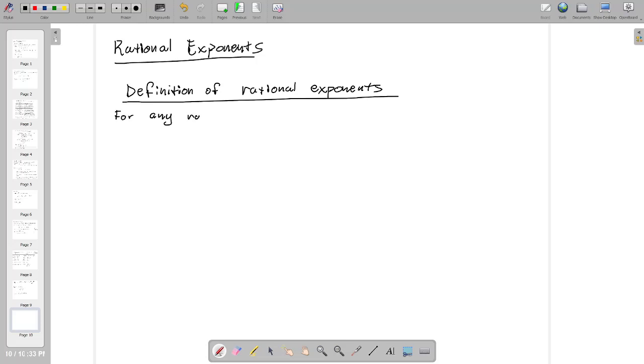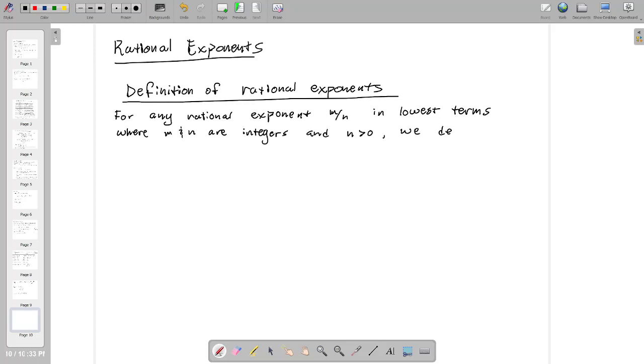For any rational exponent m over n in lowest terms, where m and n are integers and n is greater than 0, we define a to the m over n power as equal to the nth root of a quantity to the m, that is, the nth root of a to the mth power.